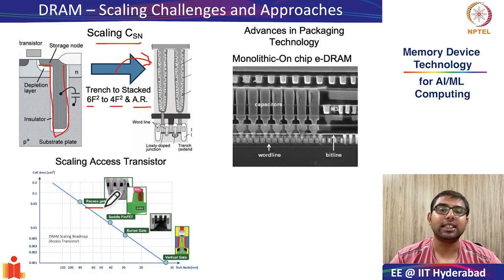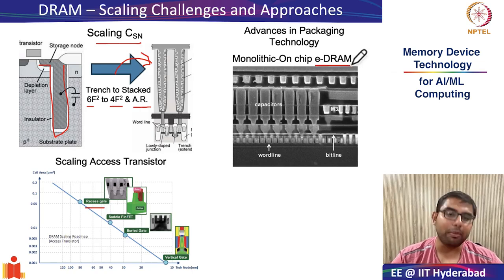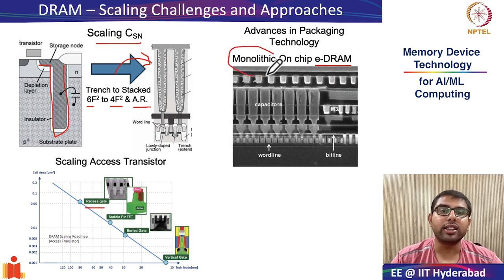Finally, we saw that there is a lot of activity happening in improving the integration density of DRAM cells by introducing advances in packaging technology. We saw the example of your embedded DRAM, which was integrated on chip to a logic chip through monolithic integration.